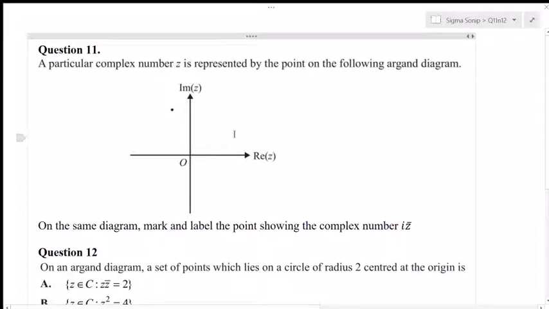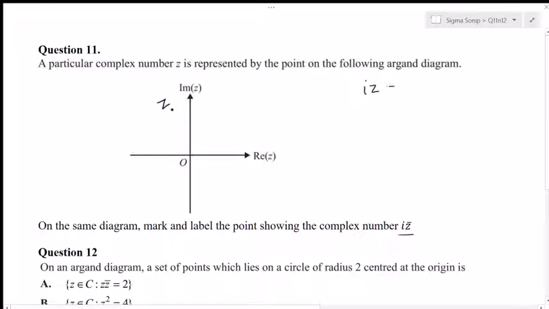Here you are given a point on the Argand plane, and that point is Z, and on the same Argand plane we are required to mark the point showing the complex number iota Z bar. So the point given basically is this, and that is our Z. First thing we want to find is iota Z bar.